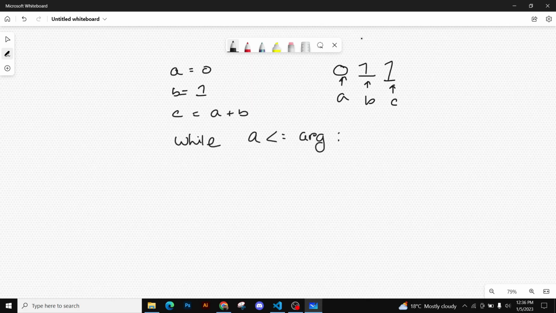In that case, this will be our new a, this will be our new b, and the next value that we will get, that is 2, will be our next c.